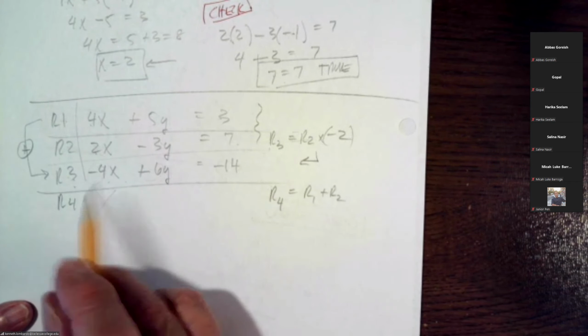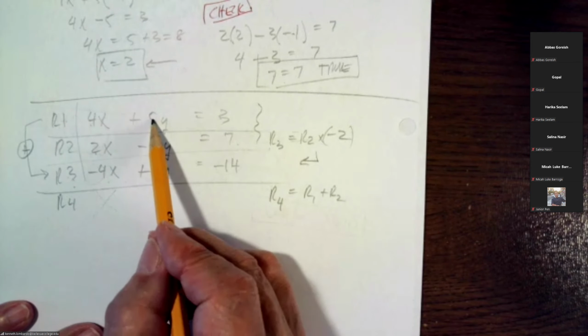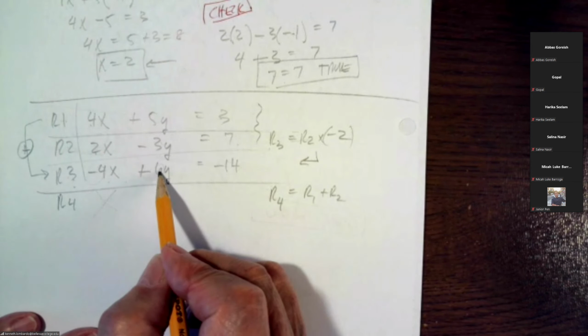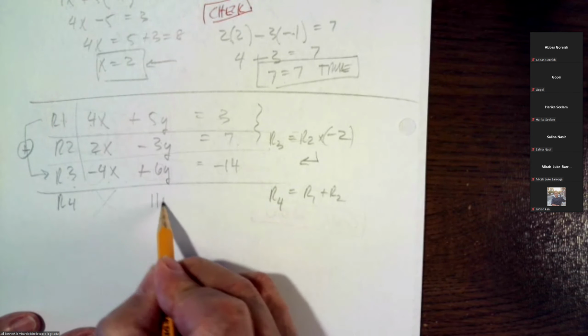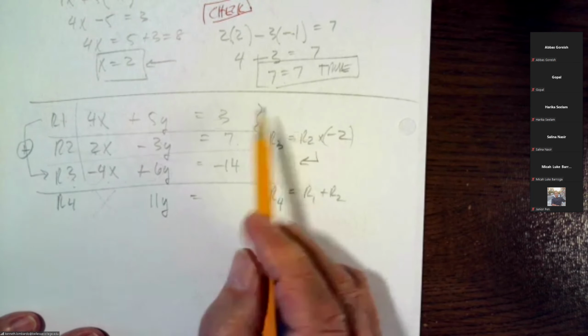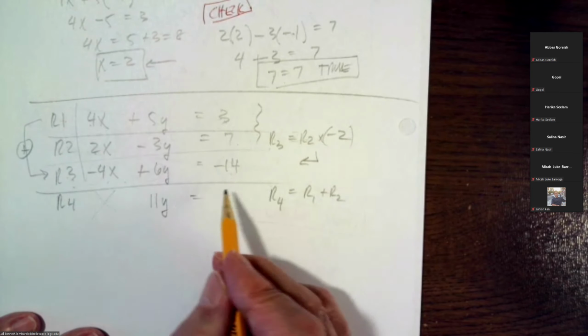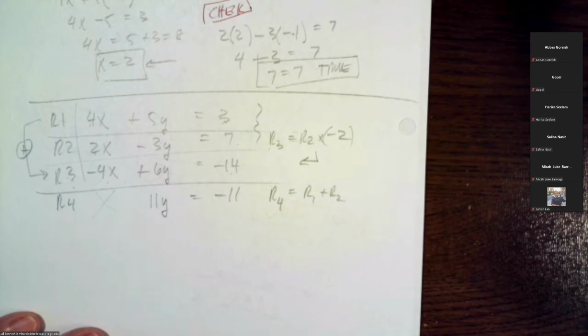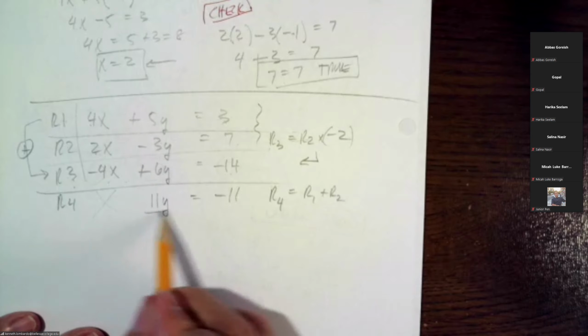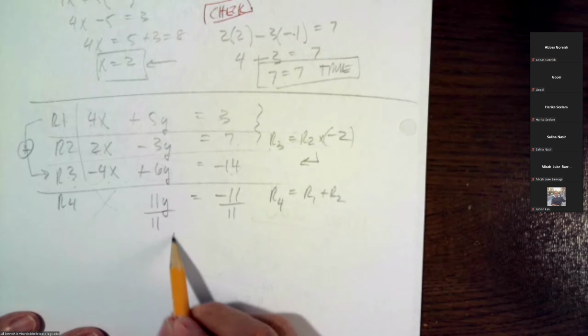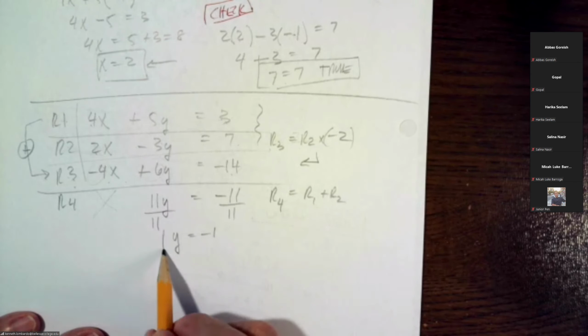This becomes blank. And then 5 and 6, well, that's 11 of the y values. And then 14 and 3, this is negative, that's positive, so that gives me 11, and that's negative. And then dividing through by 11, I get y equals -1.